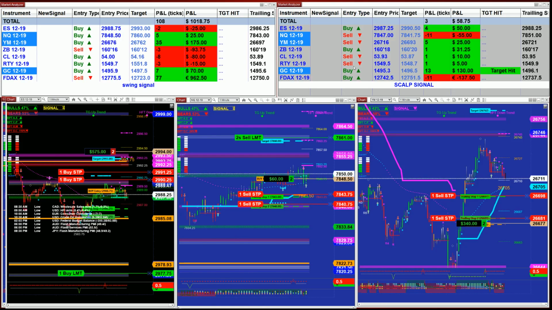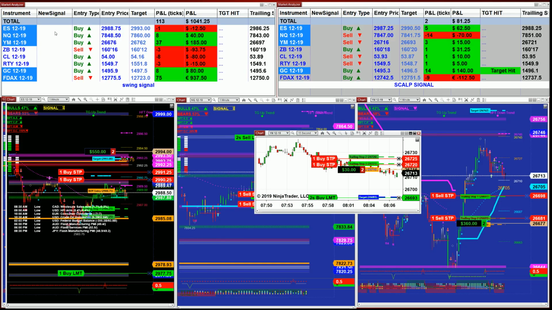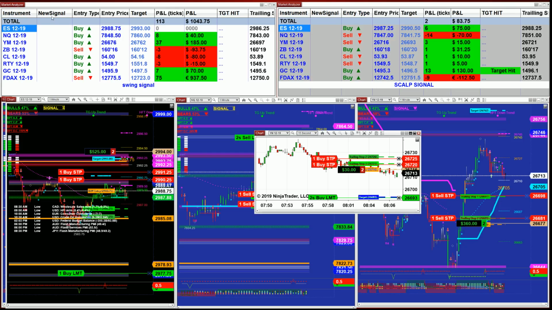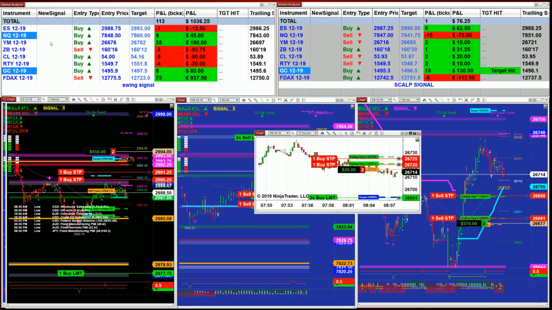I want to say something about the scalper or the swing trading. If you look at the upper left corner here, you will have a new signal. It says a new signal, and it gives you the direction of the auto trade, and it gives you the entry price and the target.